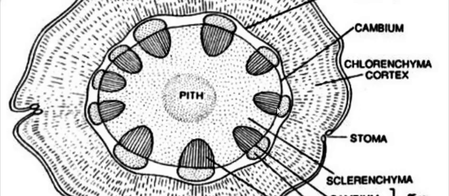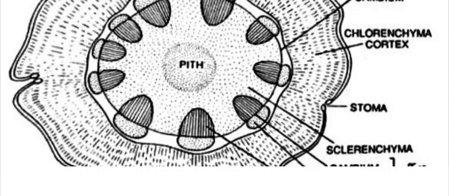These vascular bundles are conjoint, meaning that phloem and xylem are present on the same radius in the same vascular bundle. Vascular bundles are open because cambium is present in between the phloem and the xylem.